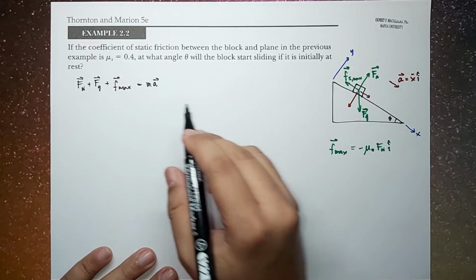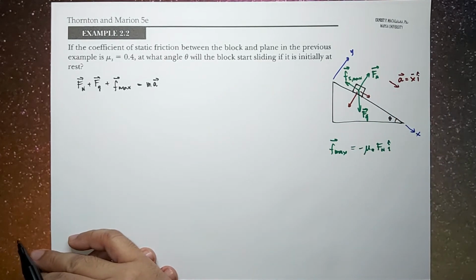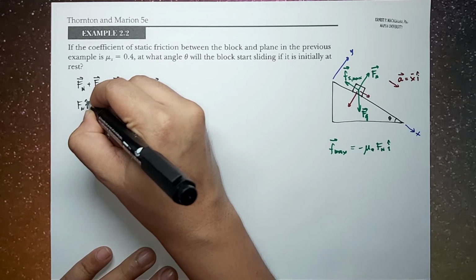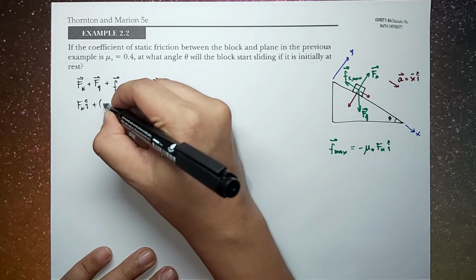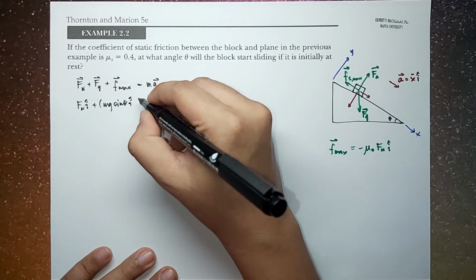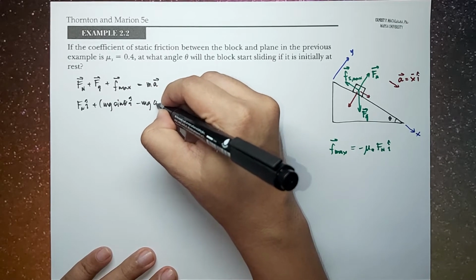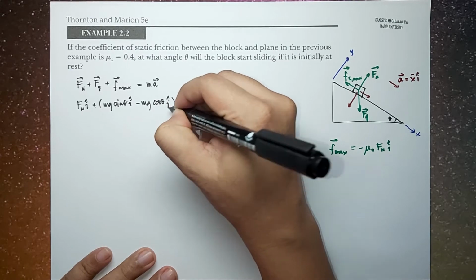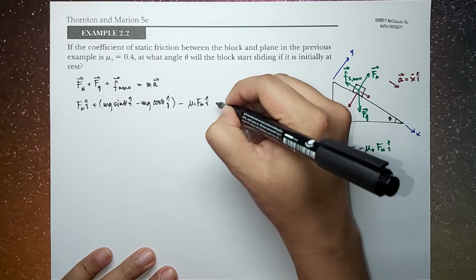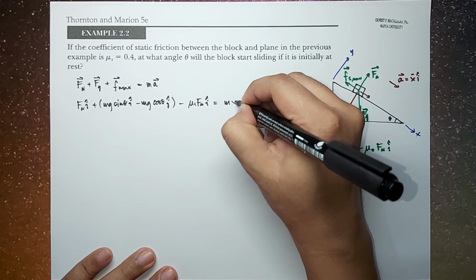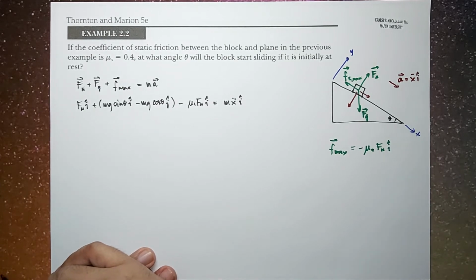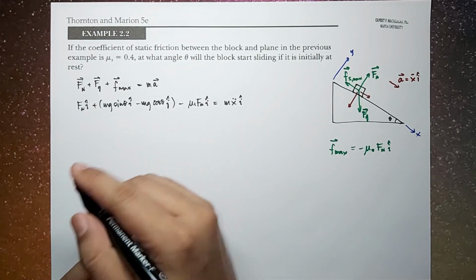Okay, so using the component method or in unit vector notation, this becomes Fn i hat plus mg sine theta i hat minus mg cosine theta j hat minus mu s Fn i hat equals m x double dot i hat. Okay, so here we can separate the components as follows.